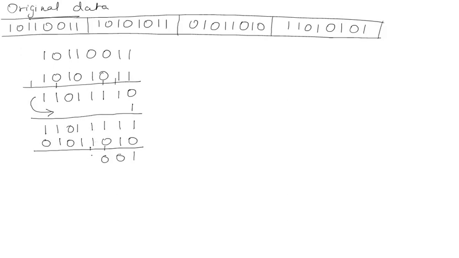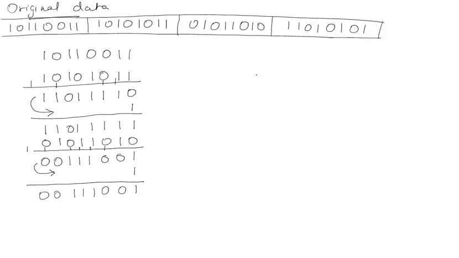Again plus 1 is 1 with a carry of 1. Here also we get 1 with a carry of 1. 1 plus 1 is 0 with a carry of 1, and again 1 plus 1 is 0 with a carry of 1. Now again this carry we need to add here. So we get 1 0 0 1 1 1 0 0.